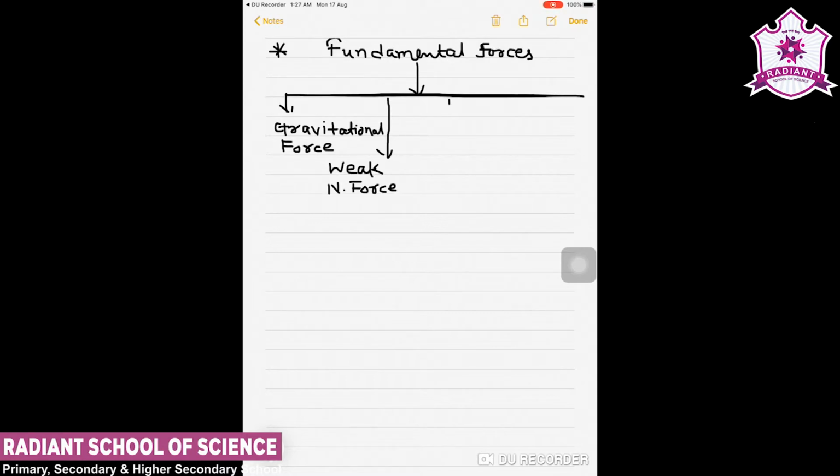Third is electromagnetic force. And the fourth one is also known as the strong nuclear force.